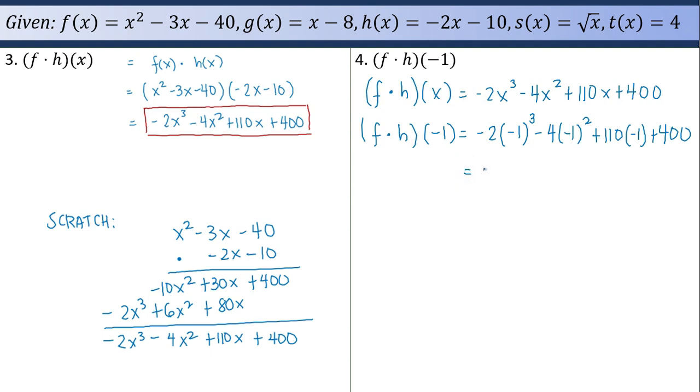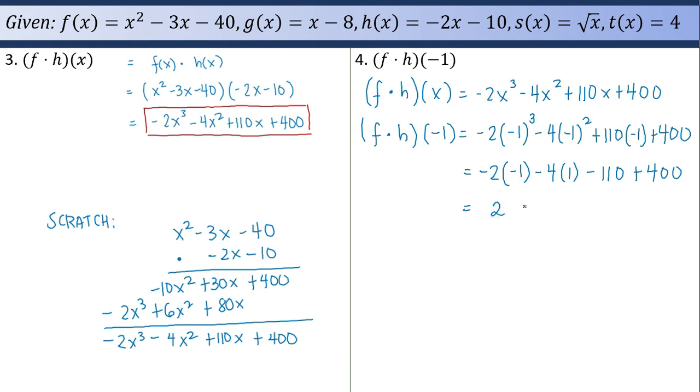Very good. So, we have negative 2. Negative 1 raised to 3 is equal to negative 1. Negative 1 squared is equal to positive 1. 110 times negative 1 is negative 110. And then we have positive 400. So, negative 2 times negative 1 is positive 2.